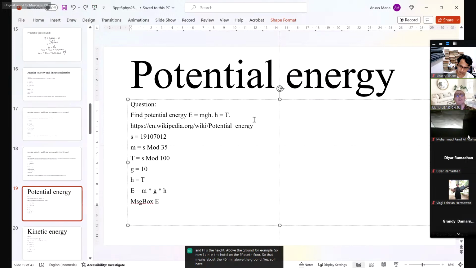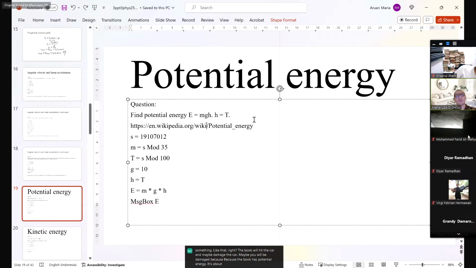So I have this potential energy. If I drop something from my window, it has significant potential energy. It can hit something. For example, if there is a car downstairs and I drop a book, the book will hit the car and maybe damage it, because the book has potential energy.